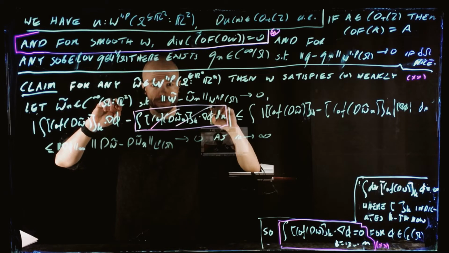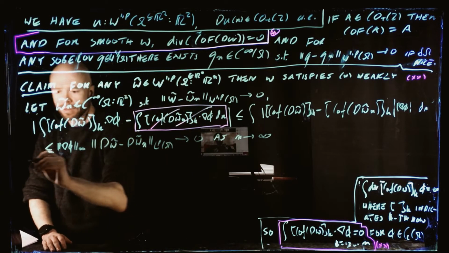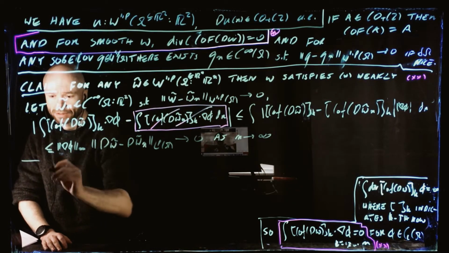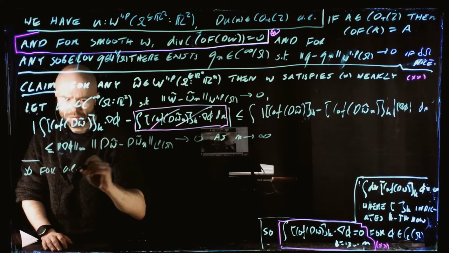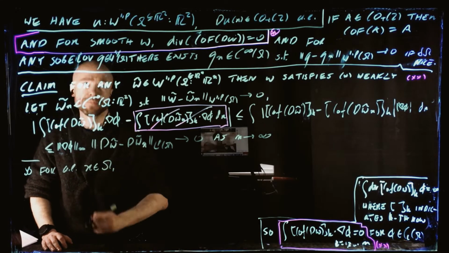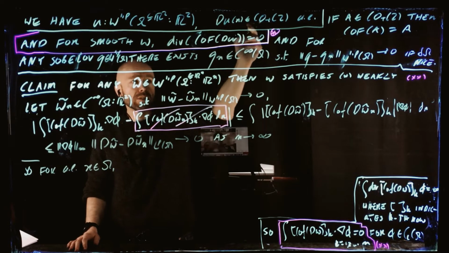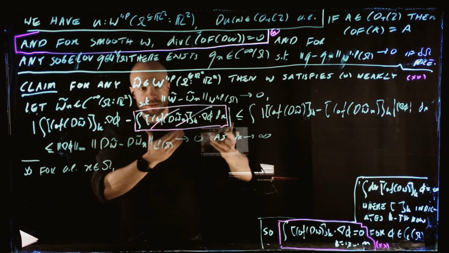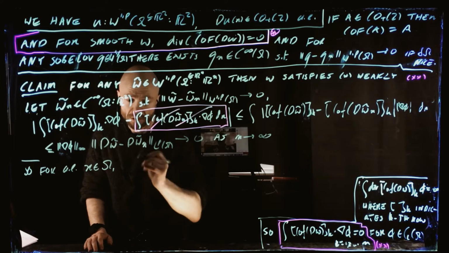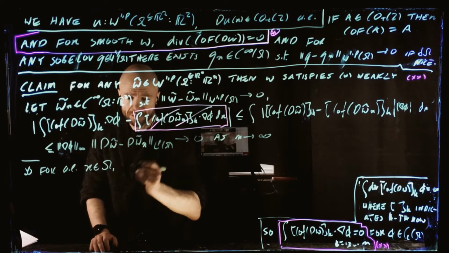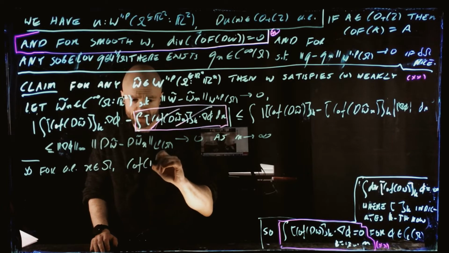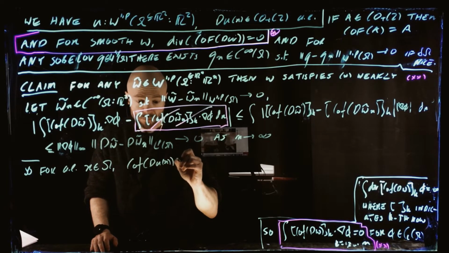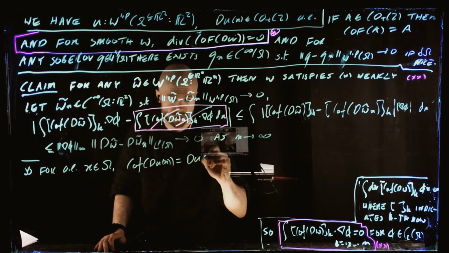So we do have the claim established that this W does satisfy the weak version of this identity. And then it's kind of straightforward, because for almost every x belonging to omega, if the gradient exists, it's conformal, right? So being conformal, when we take the cofactor matrix of the gradient of u of x, it is equal to this thing.